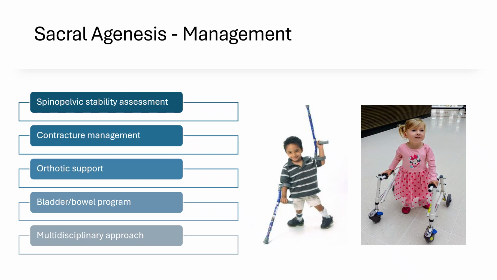Think of this as evaluating whether the remaining structural elements can provide adequate support for normal activities, or whether additional stabilization becomes necessary. This assessment often involves detailed imaging studies and biomechanical analysis to understand how forces are transmitted through the altered anatomy.